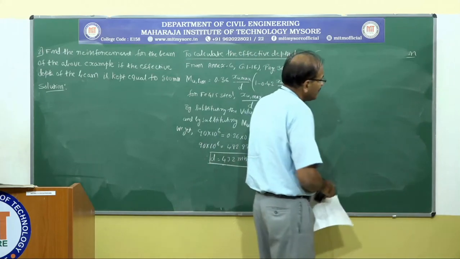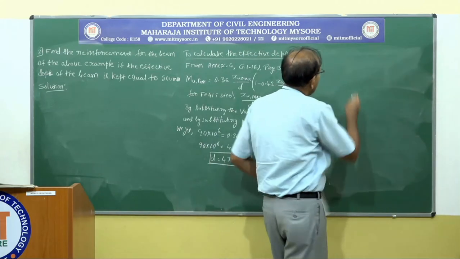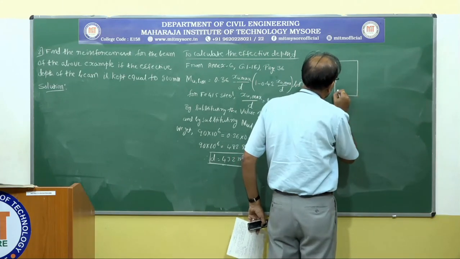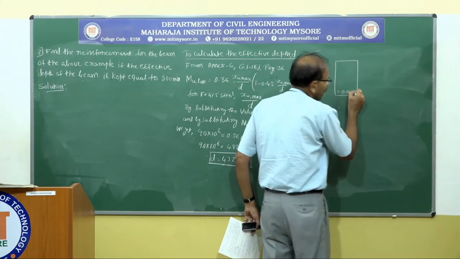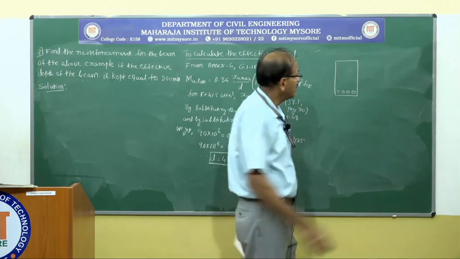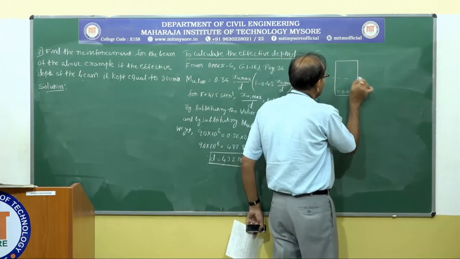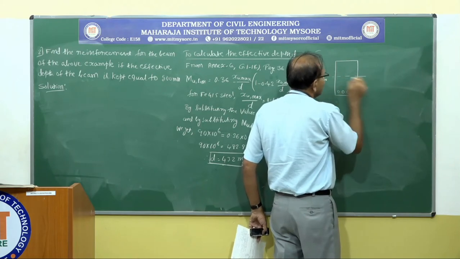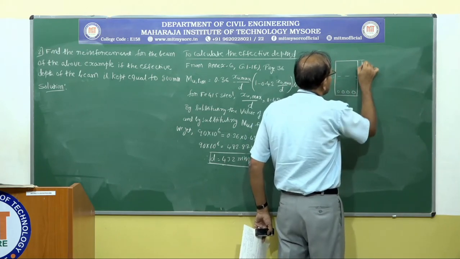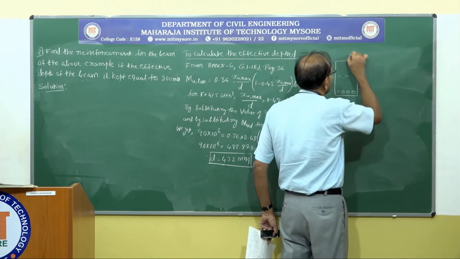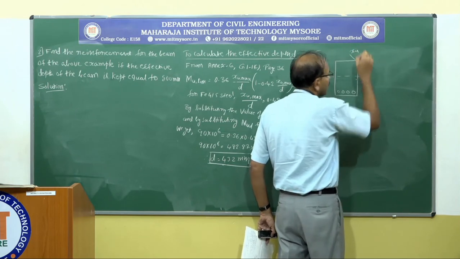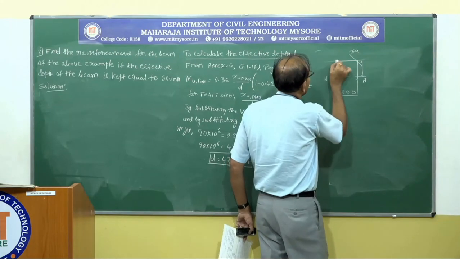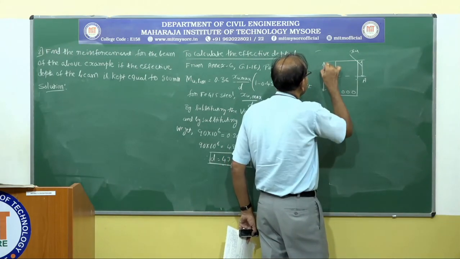See, if you take a beam section with some reinforcement and the neutral axis comes somewhere here, and this is called the depth of the neutral axis xu, and this is the effective depth of the beam section.